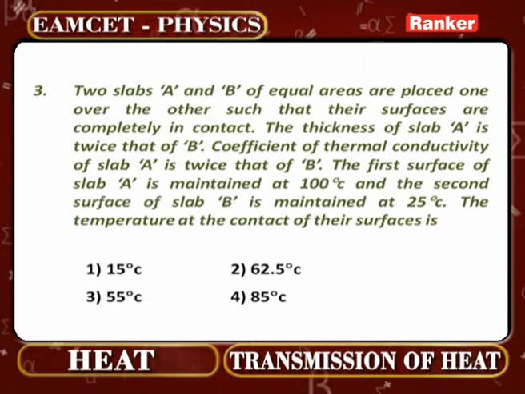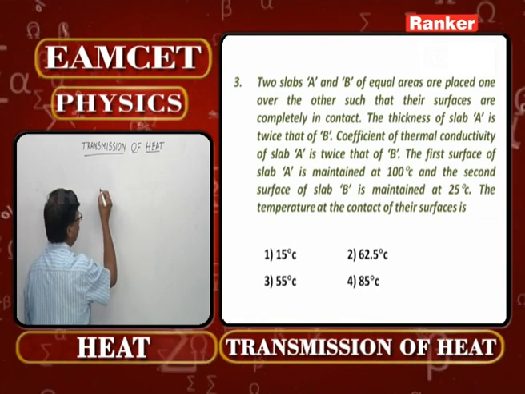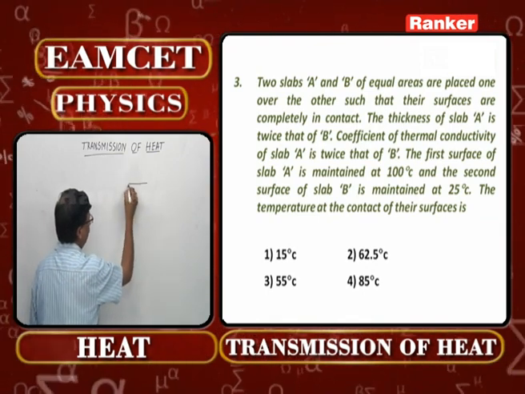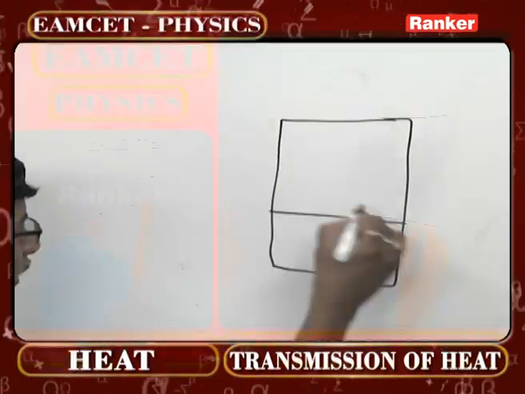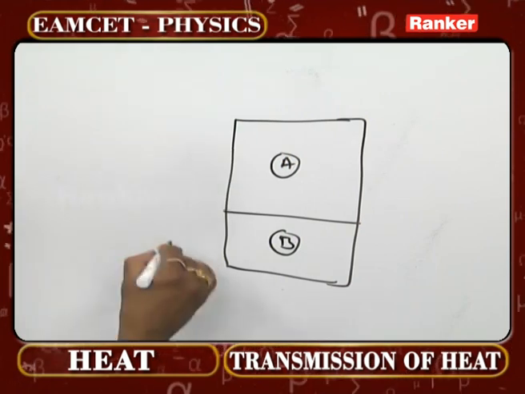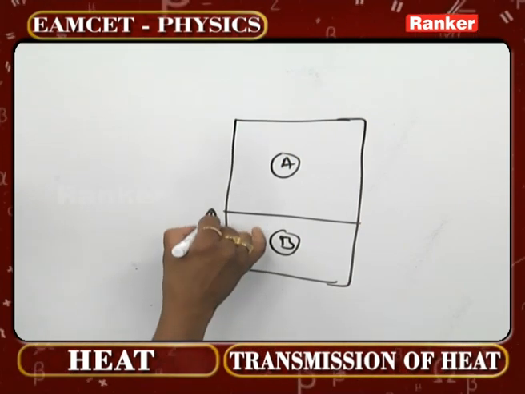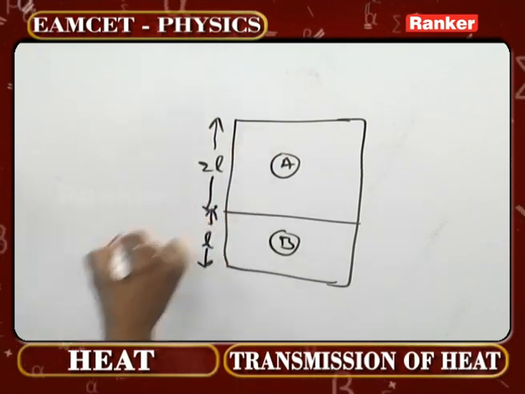That is the concept. In fact, his concept is quite simple. He is just talking about two blocks which are being placed this way. One, of course, he is talking about A and other one he is talking about B. The thickness of this one, suppose if I take it as L, this is now 2L he has given.